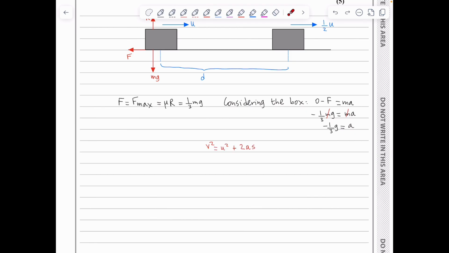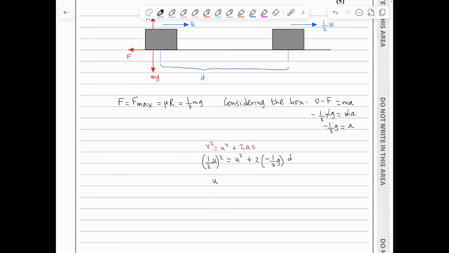So I can proceed with SUVAT equations. I'll be using v squared is u squared plus 2as. The final velocity is a half u, so a half u all squared is equal to the initial velocity, which is u squared, plus 2 times the acceleration of minus 1/3 g times the distance covered, which is d.